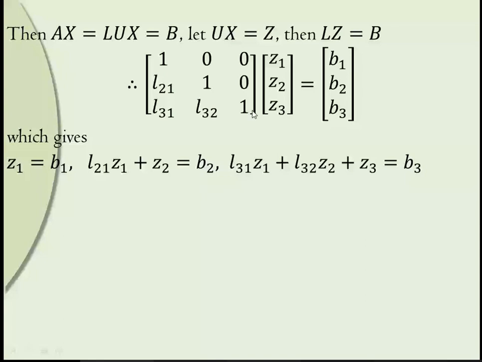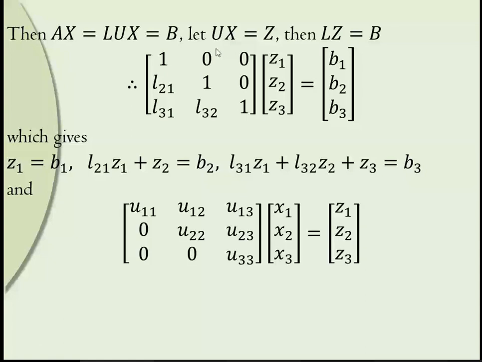Okay. Now using this Z1, Z2, Z3, Z means this column matrix, use that Z1, Z2, Z3 in the second equation, Ux equal to Z. So it becomes U11, U12, U13, 0, U22, U23, 0, 0, U33.